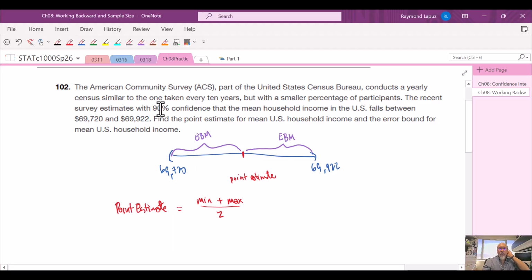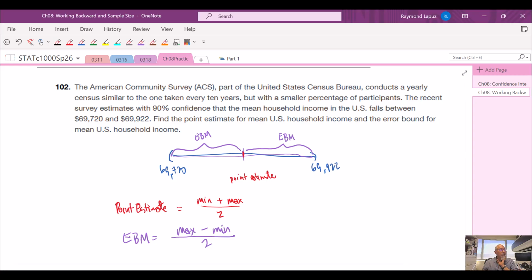And then your EBM is going to be the distance between the largest and the smallest value, cut in half. So it's the max value minus the min value. This time you're subtracting, and the max minus the min is the whole distance, and dividing by 2 will cut it in half.